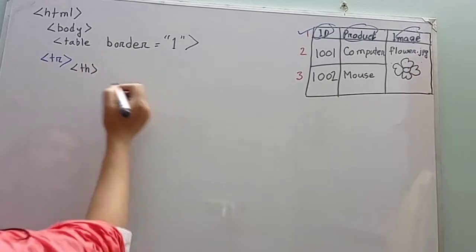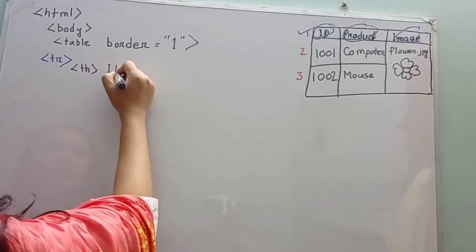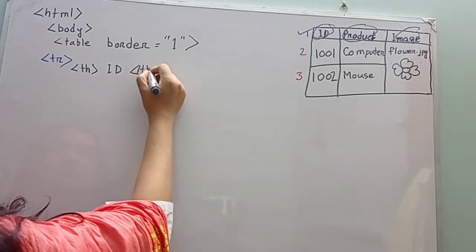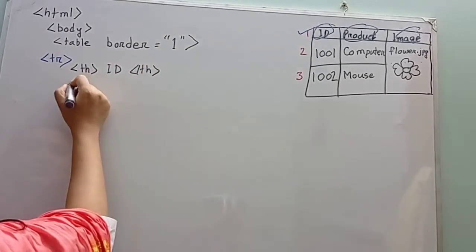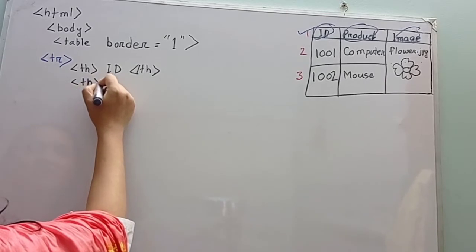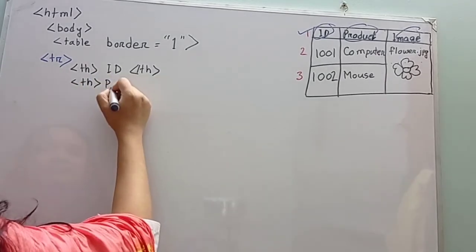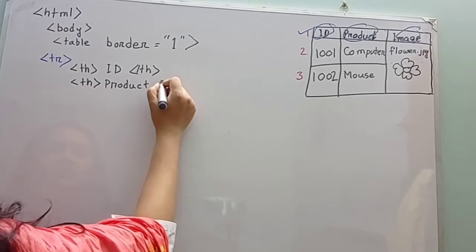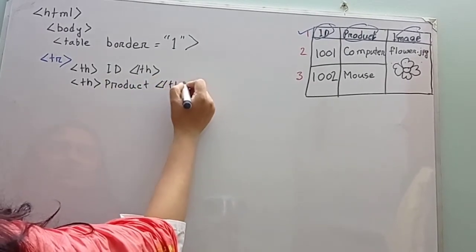So here I am using th for the first data, that means id, then th close. For the second data, th, product, then th close.